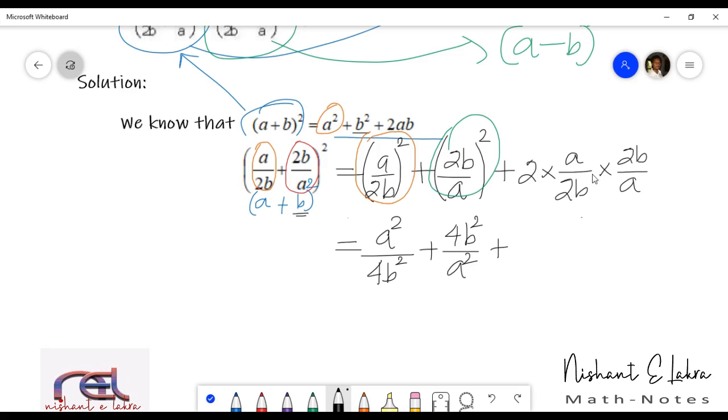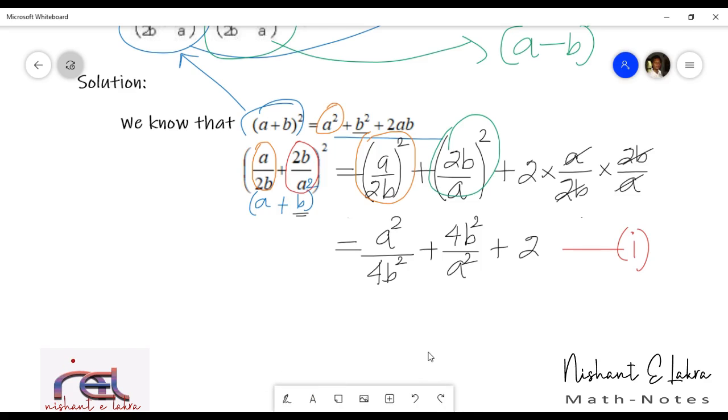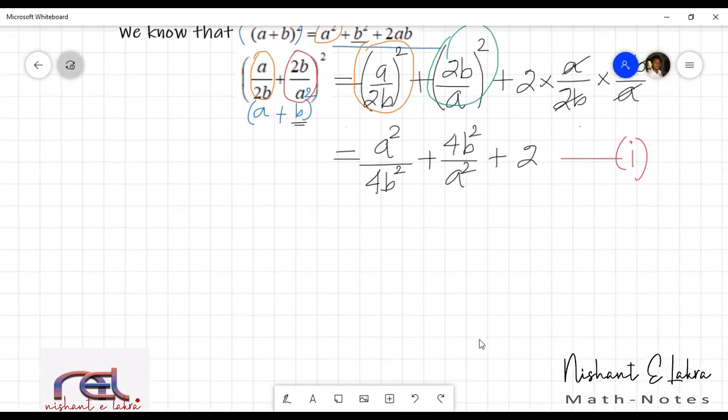Plus, let's see if we can cancel anything here. Yes, a by a can be cancelled and 2b by 2b can be cancelled, leaving 2 alone. So we have found the answer for the first part of the equation. We will write it as equation number 1: a square by 4b square plus 4b square by a square plus 2.